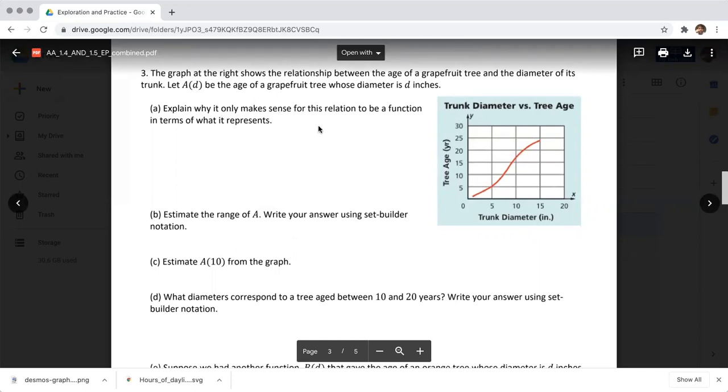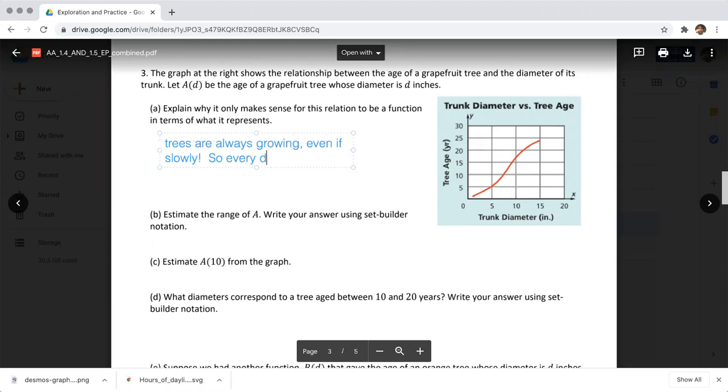So explain why it only makes sense for this relation to be a function in terms of what it represents. What an interesting question. Well, what I think about this is what we're plugging in is the diameter. So trees are always growing, even if slowly.